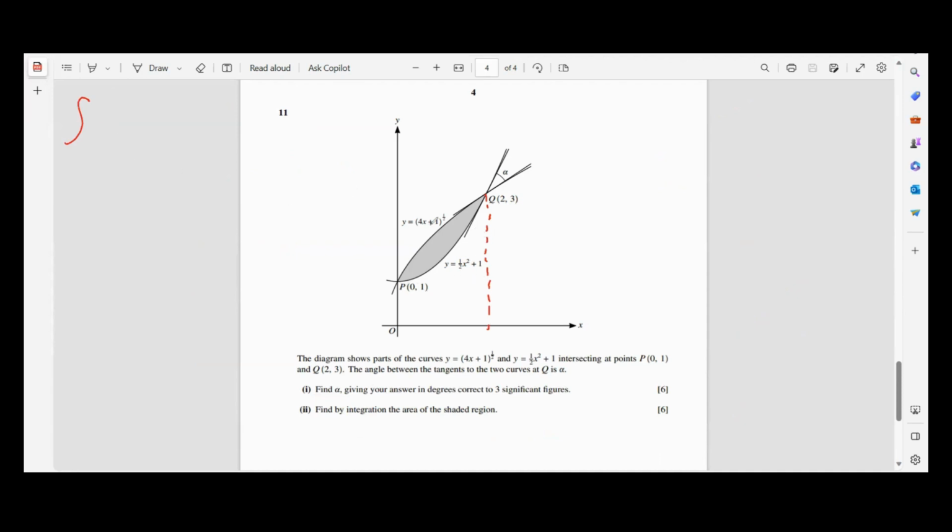The limit is 0 until 2, of (4x plus 1) to the power of half dx. And then the other one is 0 until 2 of half x squared plus 1 dx.